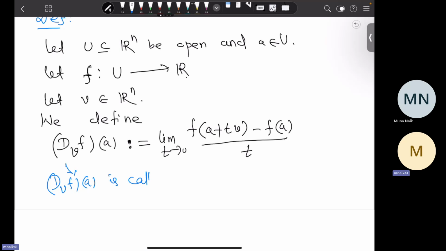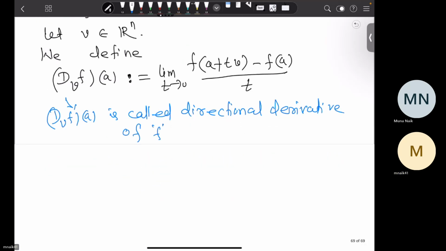So this d_v f(a) is called the directional derivative of f at the point a in the direction v.